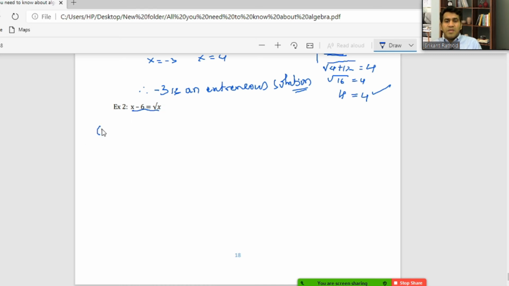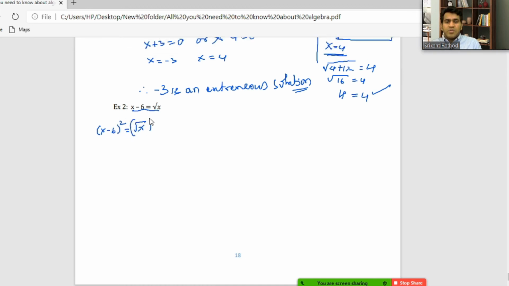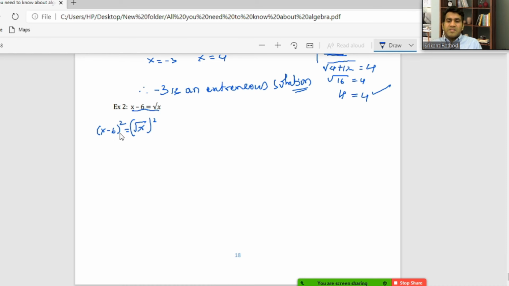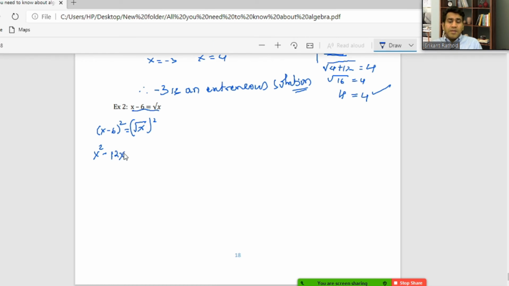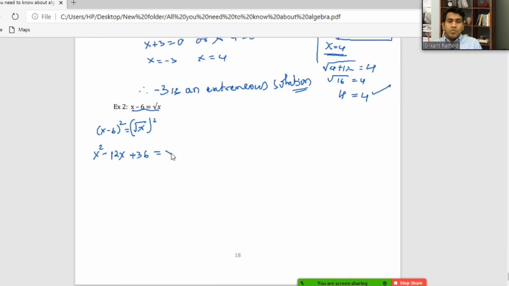So it becomes (x minus 6) whole square is equal to (root x) square. Simplify it: (x minus 6) whole square is in the form of (a minus b) whole square. Then we write it as a square, x square, minus 2 times a into b, that is minus 2 times x times 6, which is minus 12x, plus 36, that is equal to x.